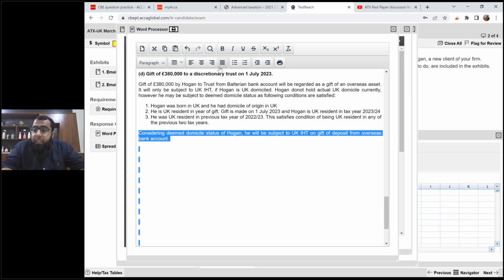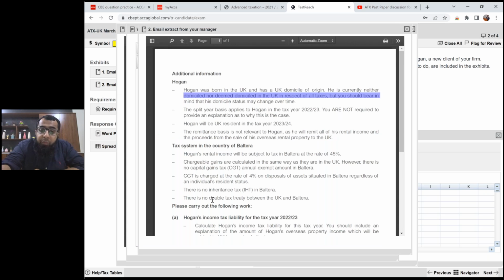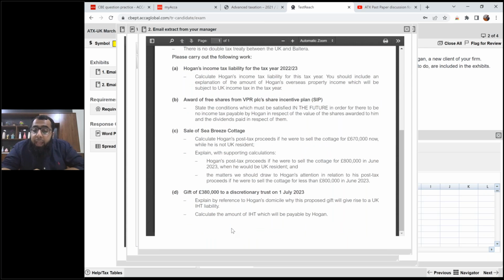Okay, let's look at it. If you look at it carefully, first of all, he asked us, explain by reference to Hogan's domicile status why the proposed gift will give rise to UK IHT.